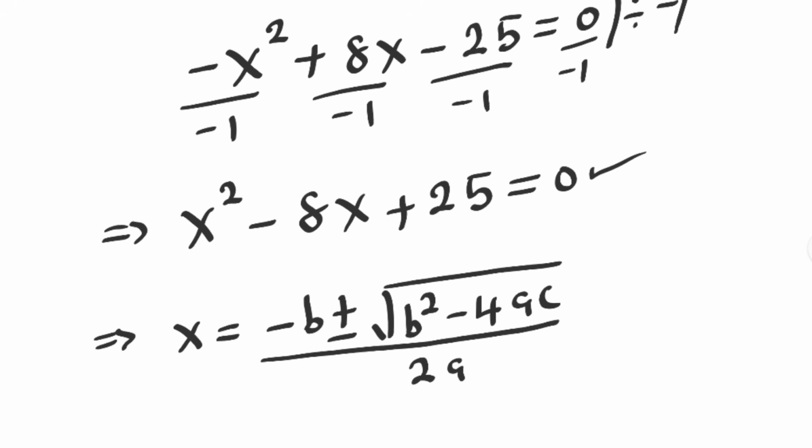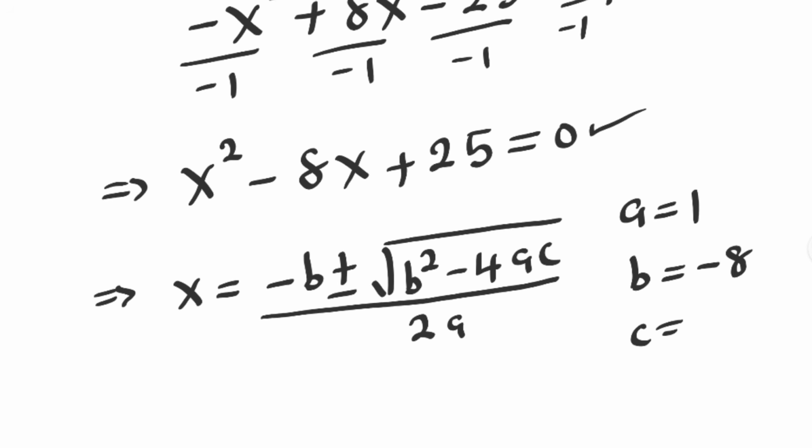Then from this equation, the coefficient of x square here is the value of a, which is equal to 1. b is equal to the coefficient of x here, which is minus 8. c is the constant here, which is 25.